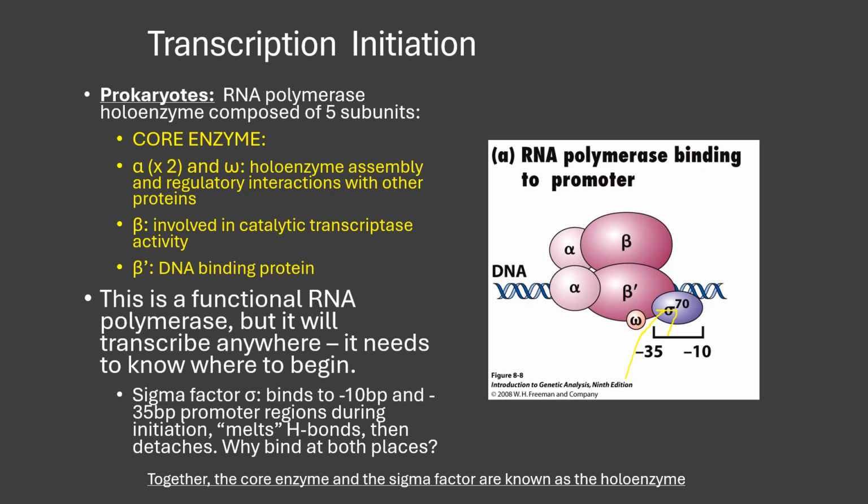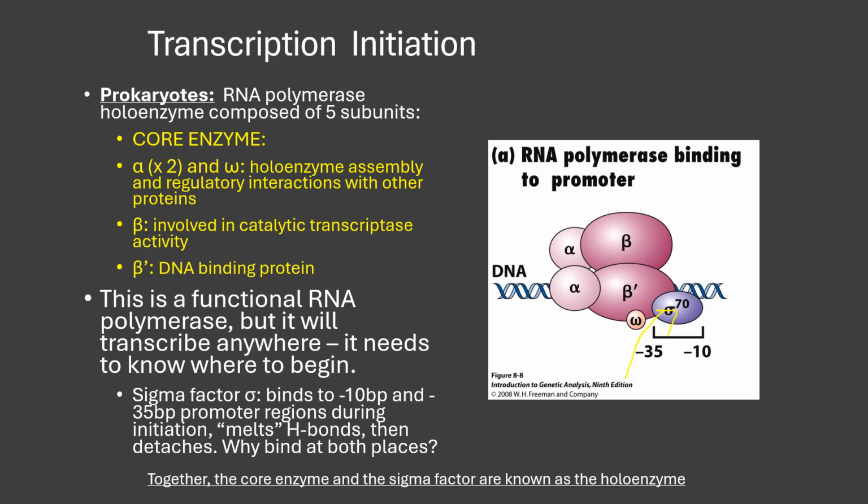So the question I put here in the slide: why bind at both places? Why -35 and -10? Well, if you have two locations, you can orient going the right direction. You can get this molecule facing the correct direction. If you only had it bind to one position, then the molecule wouldn't necessarily know to go left or right, to go upstream or downstream.